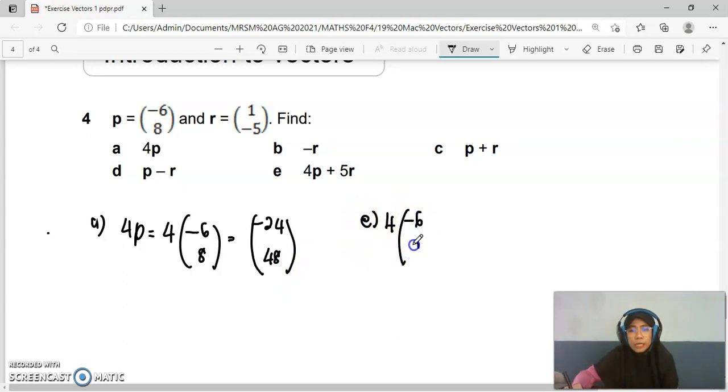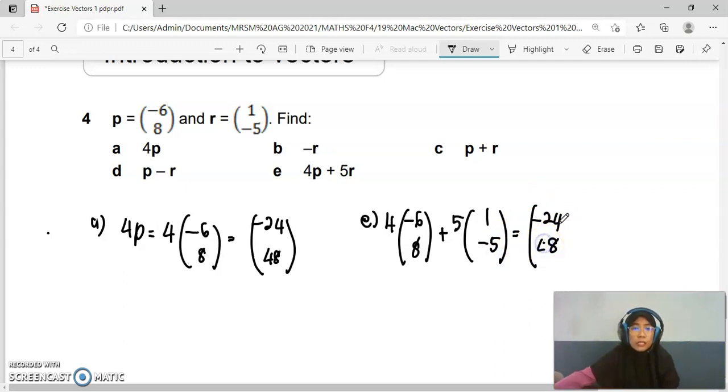Okay, so plus 5 and take r, 1, negative 5. So you calculate this one, you get negative 24, 48. Sorry, that one is not 48, that one is 32. Yes, I made a mistake here. It's okay, sometimes it's okay to be not okay. So this one is 32.